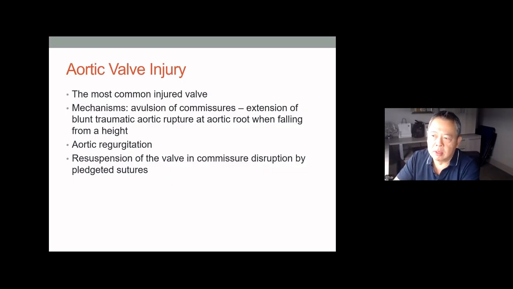So it's a vertical shearing injury. You can have subsequently AI, aortic regurgitation, and the treatment would be to resuspend the valve in commissure disruption with pledgeted sutures, much like you would do in an aortic dissection case where you have dissection and your commissure is being pulled down. You can actually resuspend it that way.